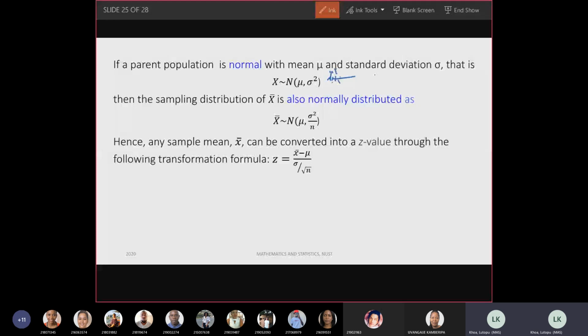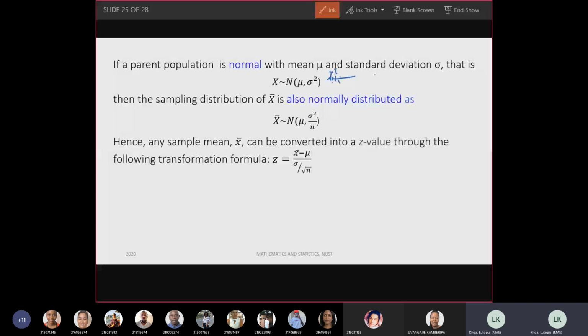So that tilde sign, this one over here, means it is normally distributed. And the first number, like I said, is your mean, and the second number is your variance.